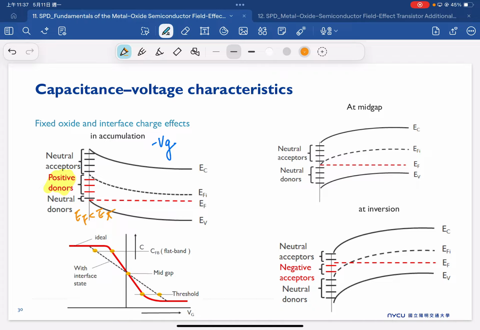And if we consider the inversion, that's positive VG, then we will start to see the impact coming from these acceptors, because right now this is a condition where EF is larger than ET. And this interface state will also cause a stretch-out of our CV curve. So it's very often seen that the original is the red one, but the dashed one is the CV with the interface state influence.